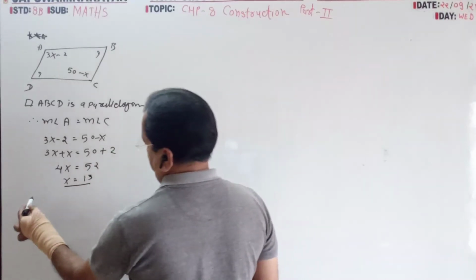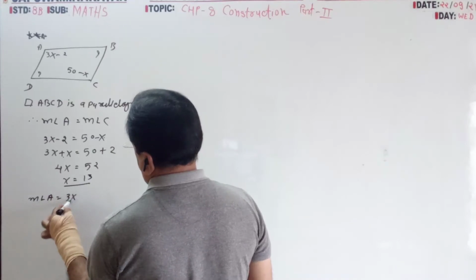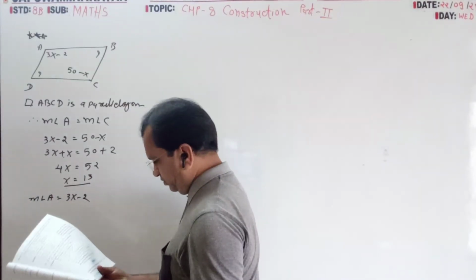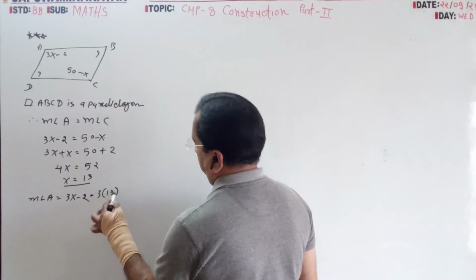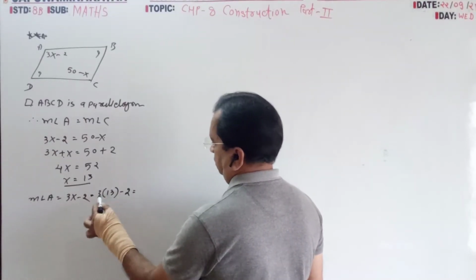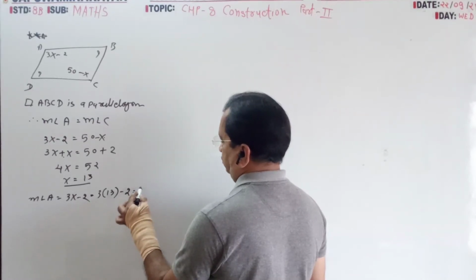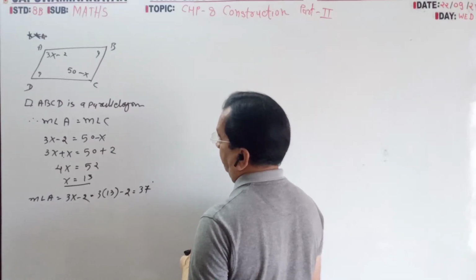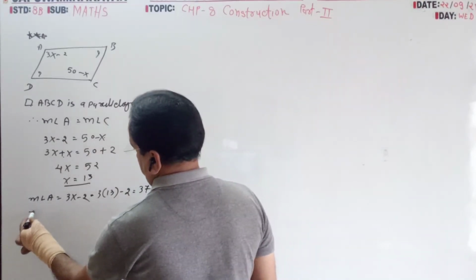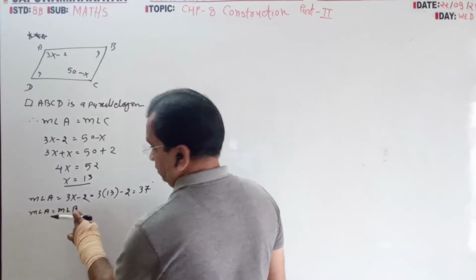I will find measure angle A, that is 3x minus 2. 3 times 13 is 39, minus 2, 37 degrees. Okay. Therefore, measure angle A is equal to measure angle C.